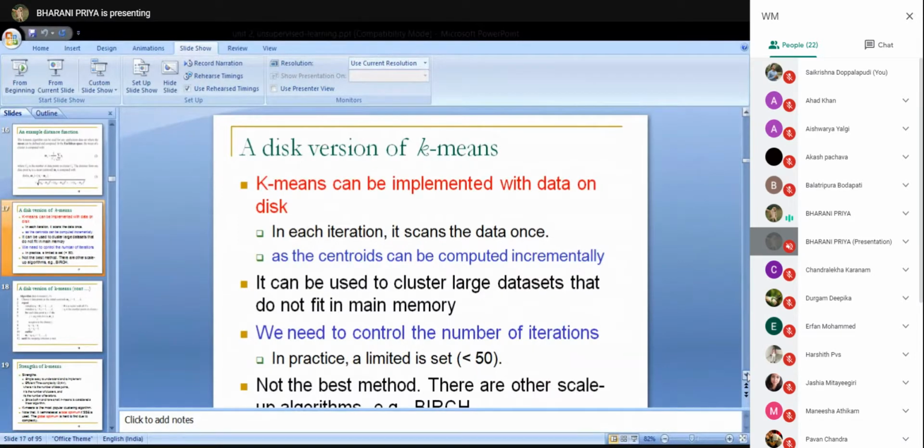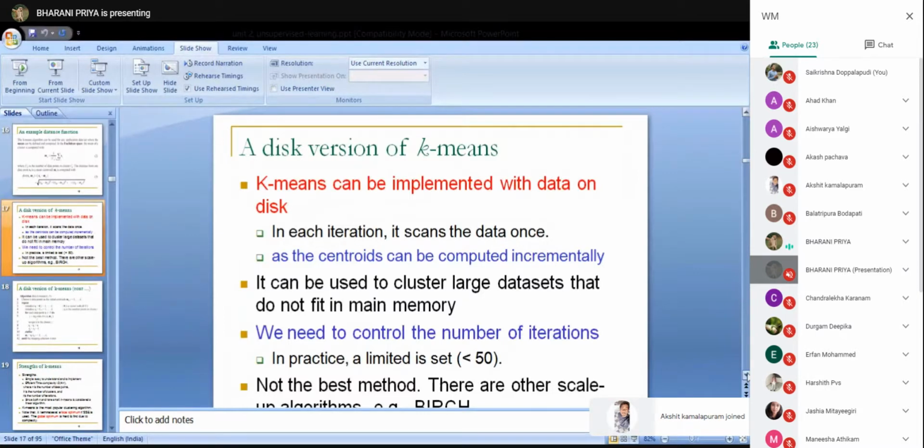Disk version of k-means. See, as the data is more, you cannot keep all the data in temporary storage. So what is the solution for this? You'll take only a subset of the data and form the clusters for that subset, and you transfer it to the disk, and the process repeats.